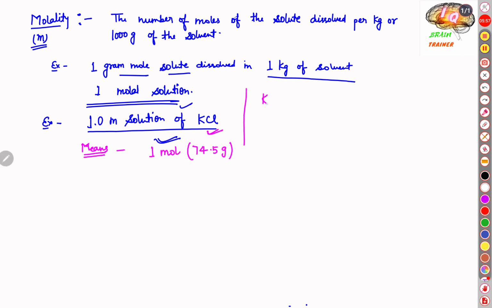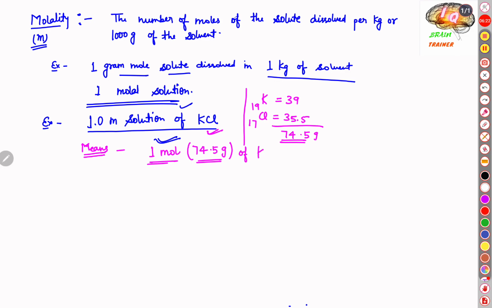K has atomic number 19 and atomic mass 39. Cl has atomic number 17 and atomic mass 35.5. We add these and we get 74.5 gram. This is 1 mole, 74.5 gram of KCl.